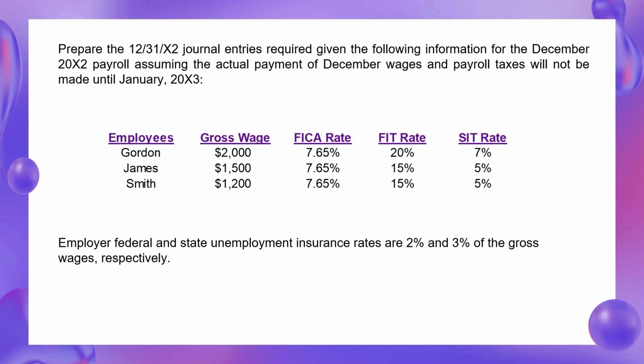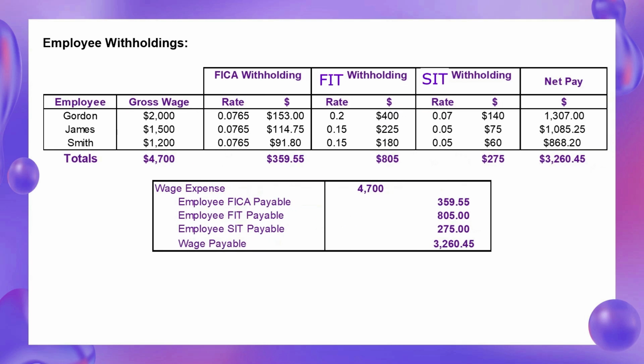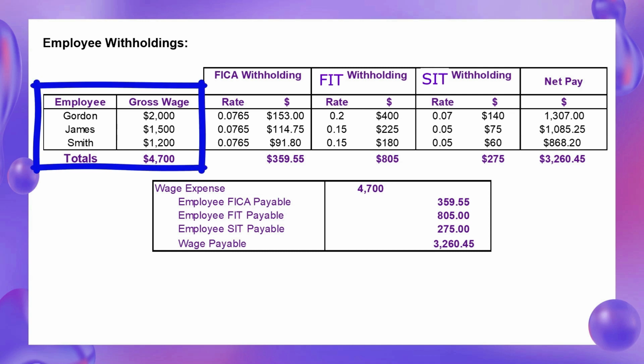Now let's review the solution to this first problem on salaries and wages and payroll tax complications associated with the payment of those salaries and wages. In this problem, you have been given the gross salary and wage for 3 employees. Plus, you've been given various rates of withholding.